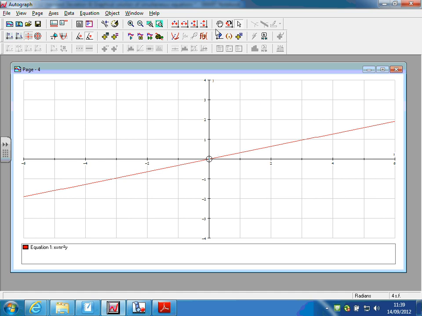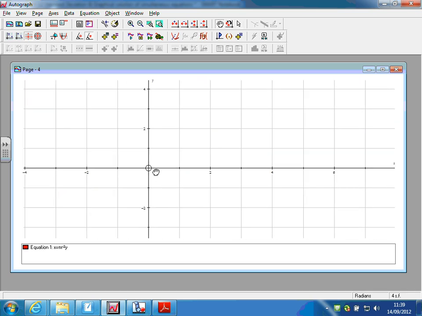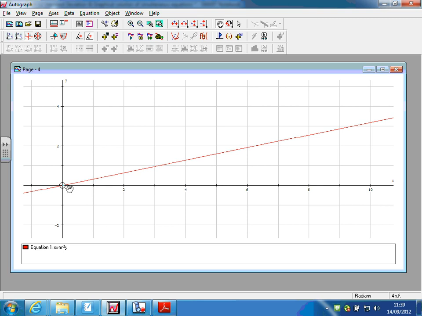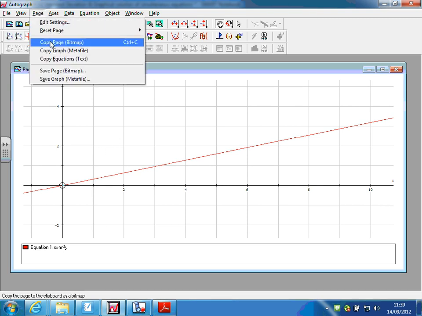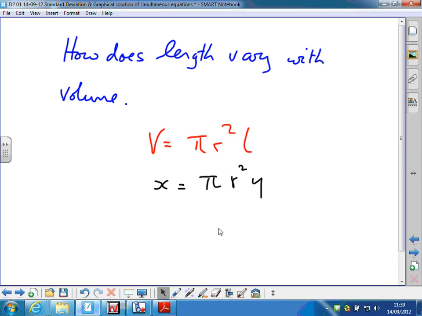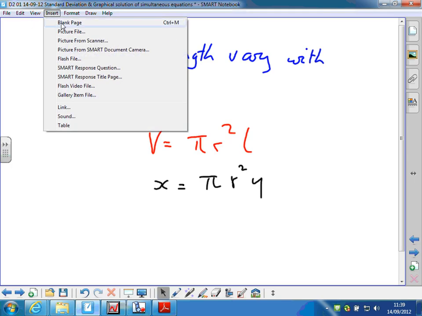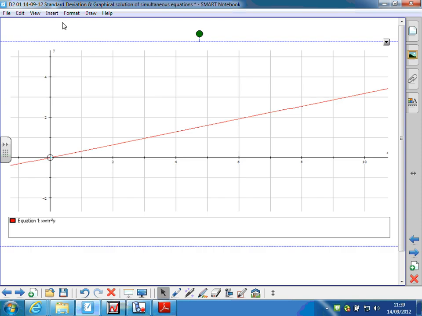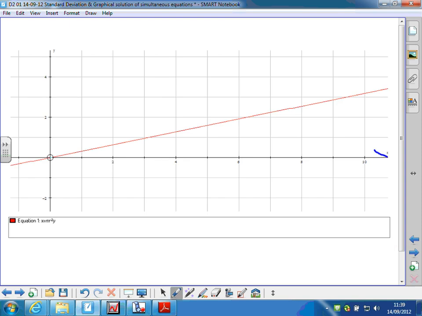So again, we're not interested in negative values of volume, so I can drag it over there like this. Page, copy page's bitmap, and then let's stick that into here. And there's our function. So we're plotting volume along here, and we're seeing how that affects the length up here.